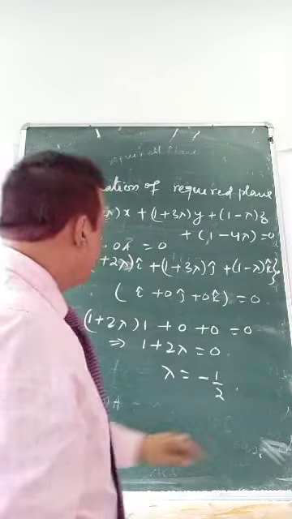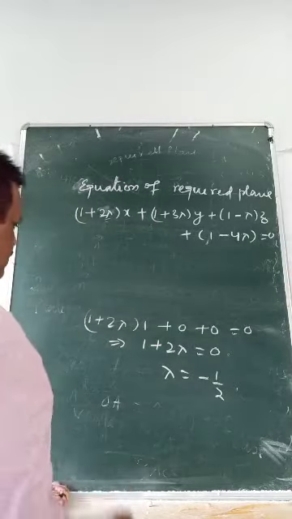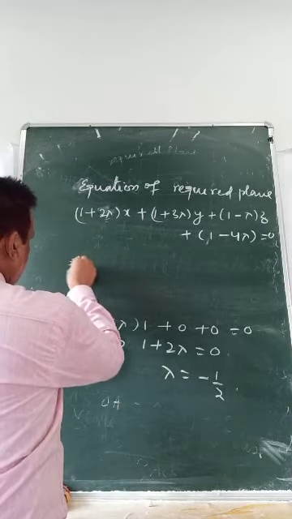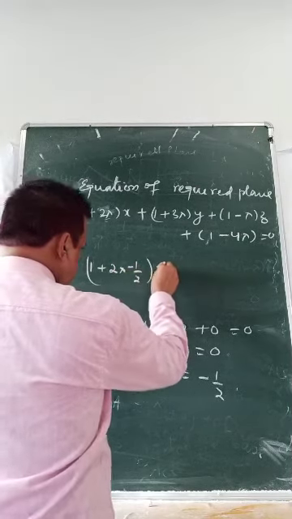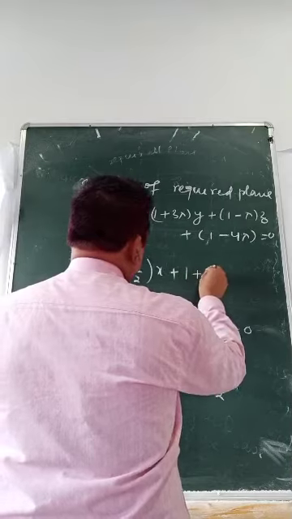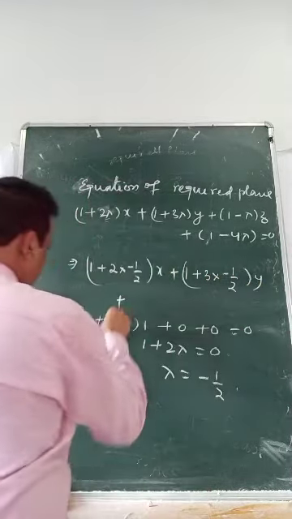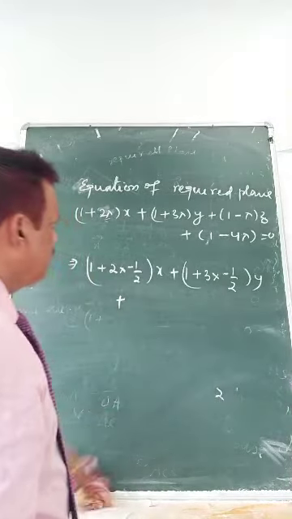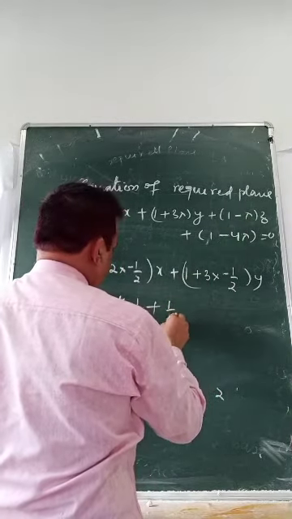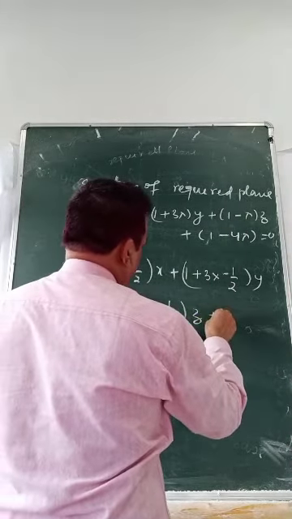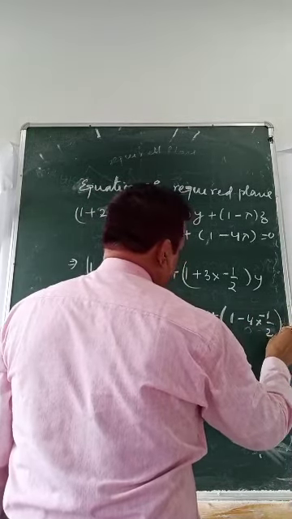Okay, put the value of lambda. So this is (1 plus 2 into minus half) x, (1 plus 3 into minus half) y, (1 minus minus half) z, (minus 1 plus 4 into minus half) equals 0.